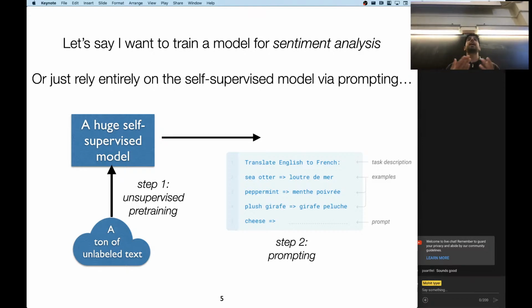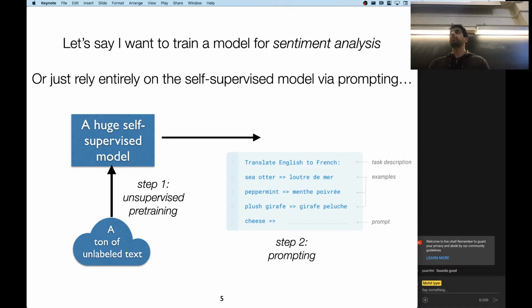So in this class, we will also talk a bit more about how this base language model is even capable of understanding instructions like this that are specified in natural language. Interestingly, compared to the last time I taught this class, there have been many more developments in our understanding of why this actually works. So we will cover that later in the semester after we've gone over the basics.